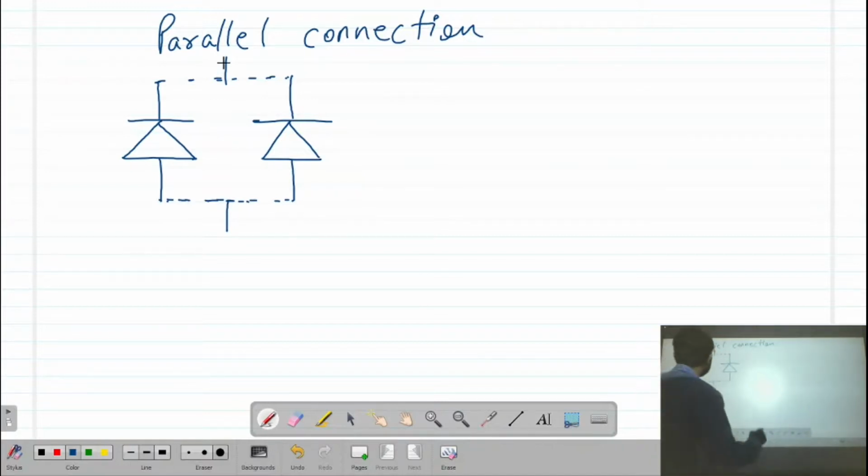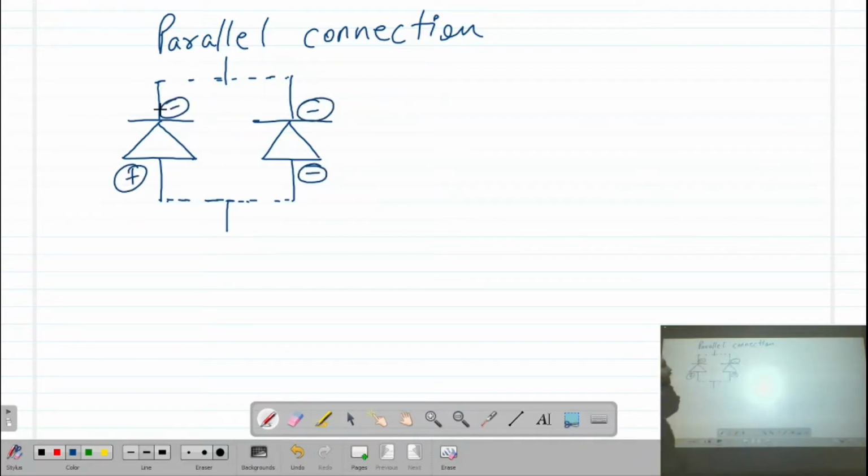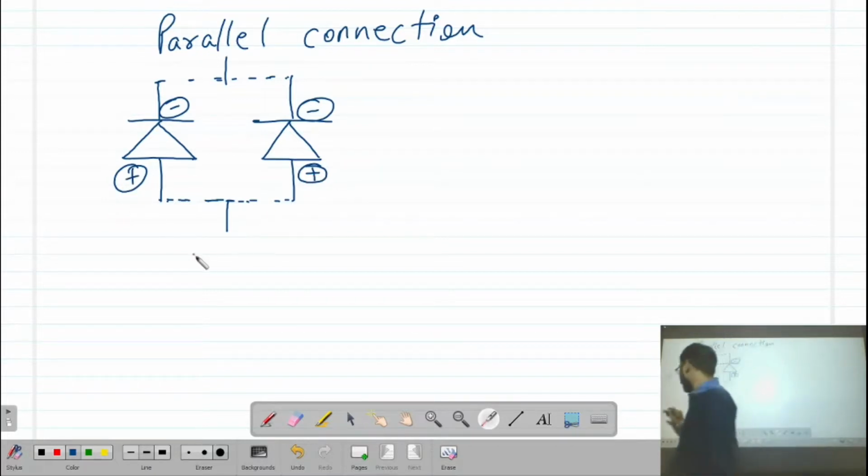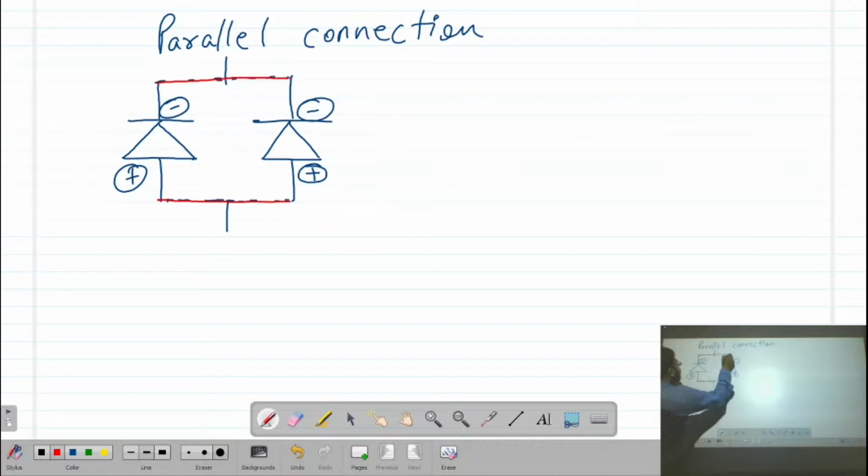When the positive and positive terminals are connected to each other, you can see this is being connected to each other and this is being connected to each other.